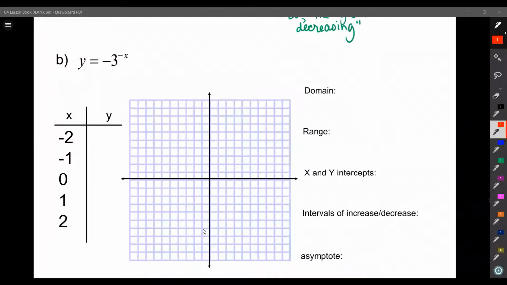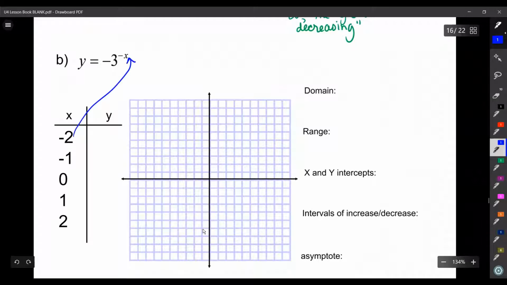Okay. So here's our next one. When you enter in your x's here, just be mindful, there's already a negative here. So when I enter in -2, I'm going to have -(-2), and that will become positive. Also, there is a difference in this case between (-3) to the exponent -x and -3 to the exponent -x.